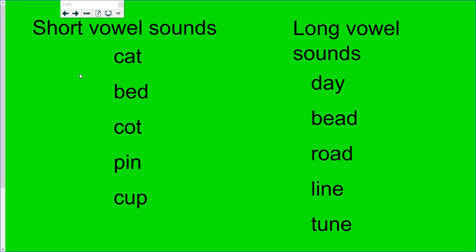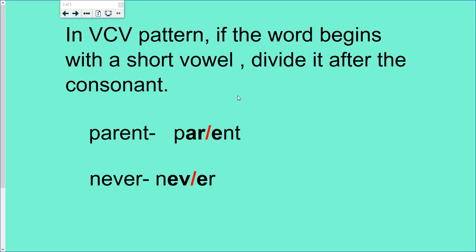Now, those two things are going to come into importance when we look at our words today, because we need to figure out in the vowel, consonant, vowel pattern, do we divide the word before or after that consonant? You have two vowels, like an Oreo cookie. The cookies are the vowels, and inside the cream stuff is the consonant.